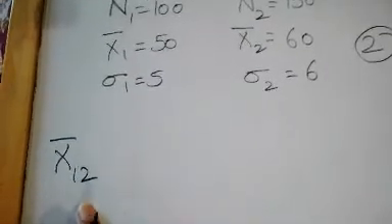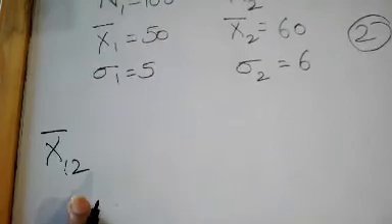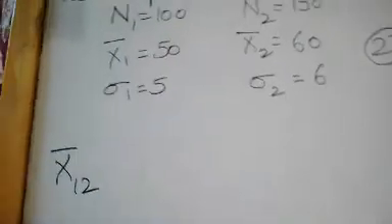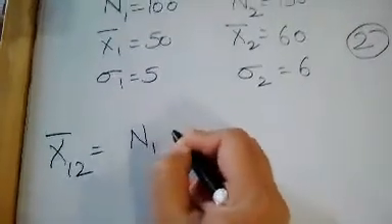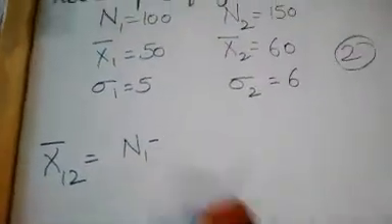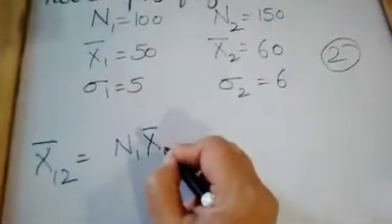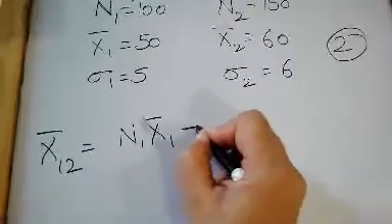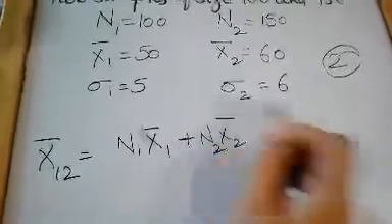first we'll find the combined mean, because we require the combined mean in the formula. So it will be n1 x1 bar plus n2 x2 bar.